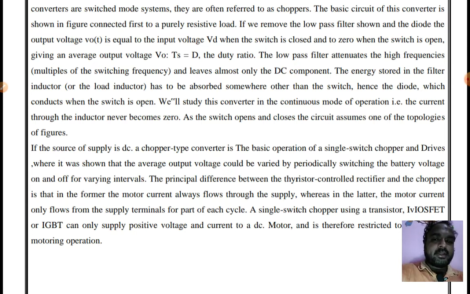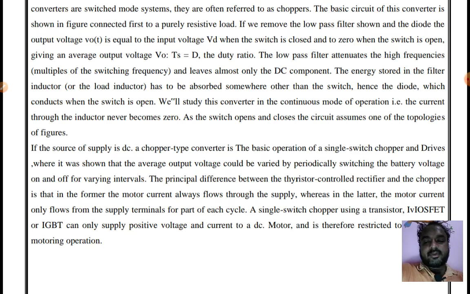When the switch is closed, the output voltage is V0, and when the switch is open, the diode conducts and the output voltage is 0, right. The current in the inductor never becomes 0. As the switch opens and closes, the circuit assumes one of two topologies, right.